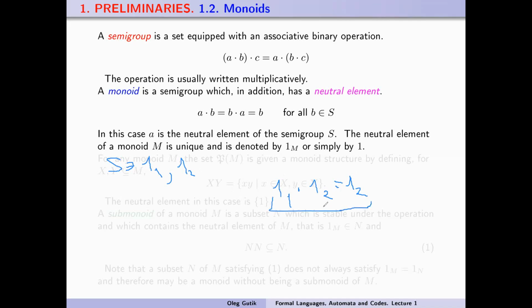But the element 1_2 of the monoid M is also a neutral element, and hence we get that this is equal to 1_1. This implies that 1_1 is equal to 1_2. And hence, in any monoid M, there is only one neutral element.